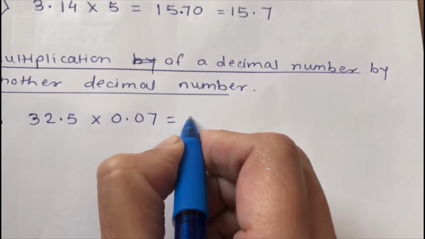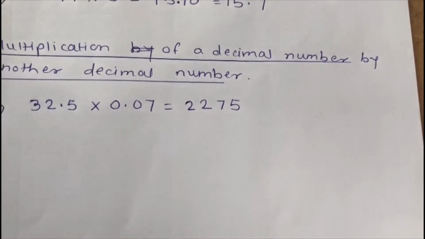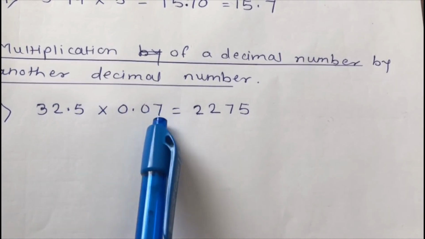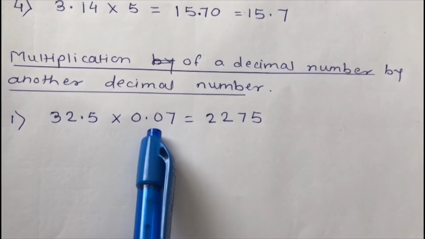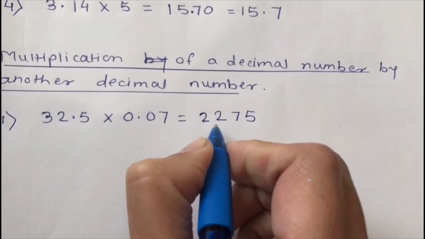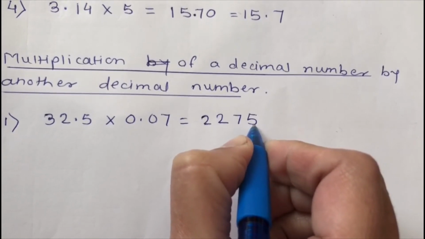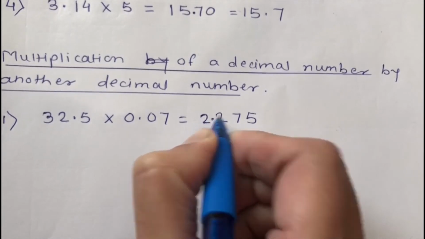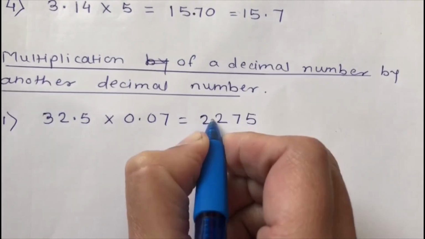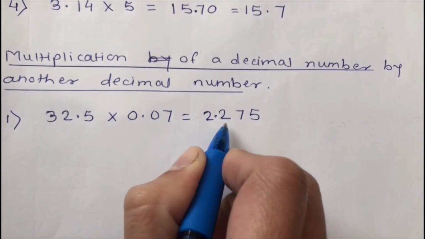Then we get the value 2275. Now here the decimal point is after 1 digit, and here the decimal point is after 2 digits. So 1 plus 2 total is 3 digits. So in the product we give the decimal point after 3 digits from the right. So the answer we get is 2.275.